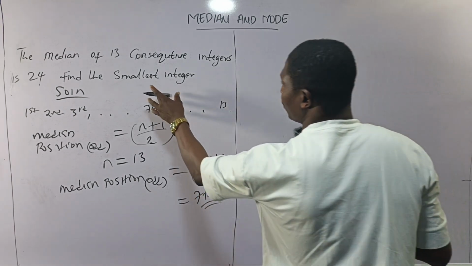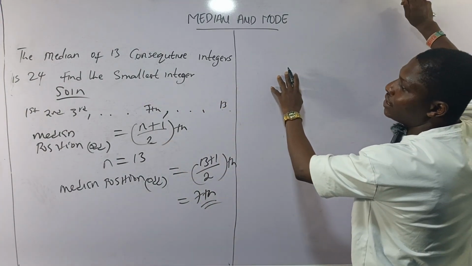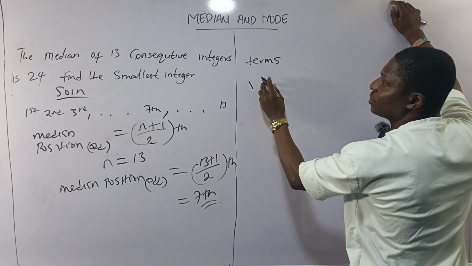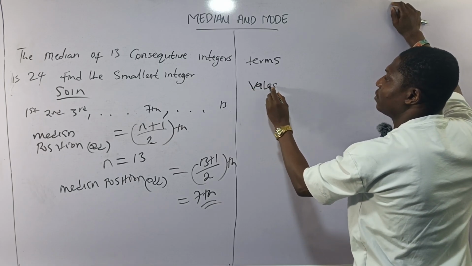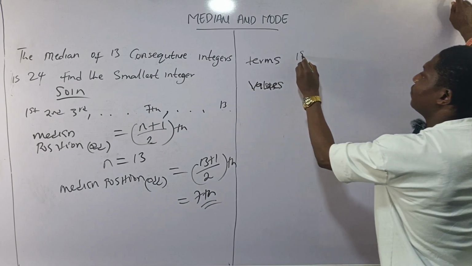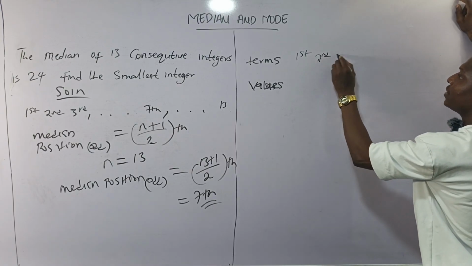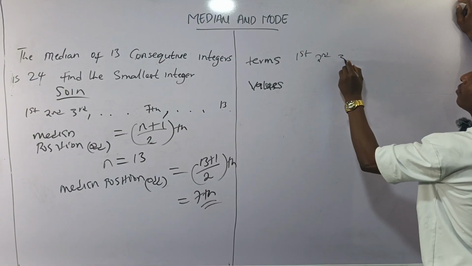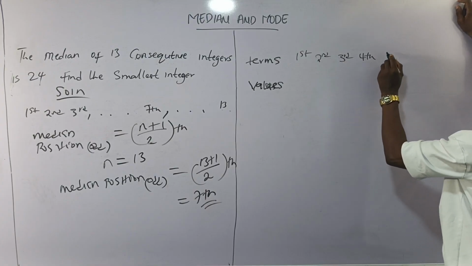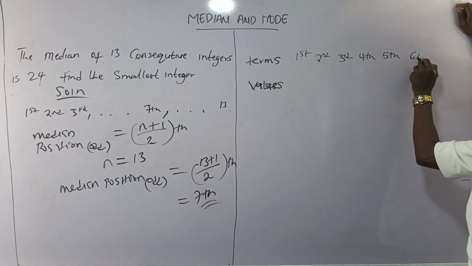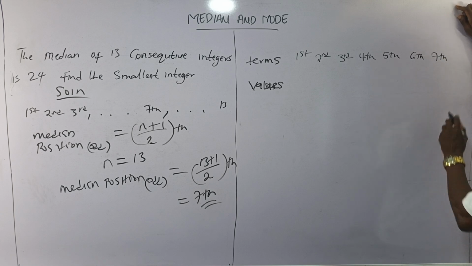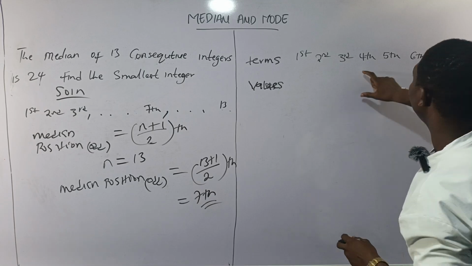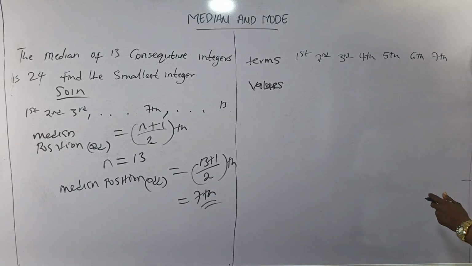Since I'm looking for the smallest term, I can say these are the terms and these are the values: first term, second term, third term, fourth term, fifth term, sixth term, seventh term, and so on. I'll stop at the 7th term because they are asking for the smallest term, because the more it goes higher, the higher the value.